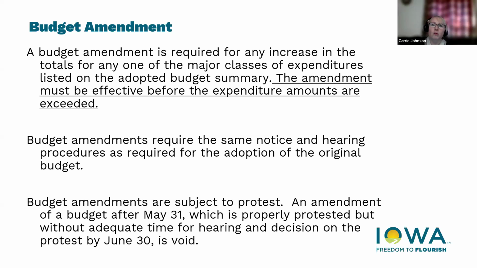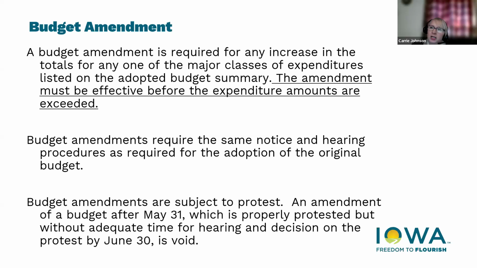So you're going to go over the amount that you had said in your budget. If you go over or intend to go over the amount that you had budgeted in that expenditure class, you need to do an amendment. They require the same notice and hearing procedures as the original adoption of the budget, just that full budget hearing and adoption. And it does need to be effective before the expenditure amount is actually exceeded.